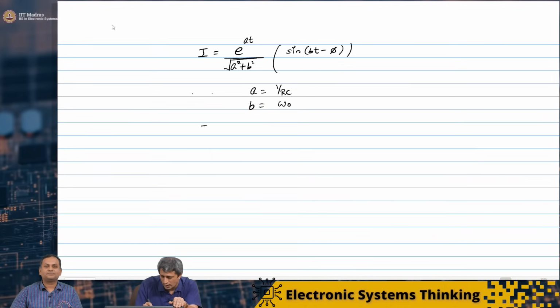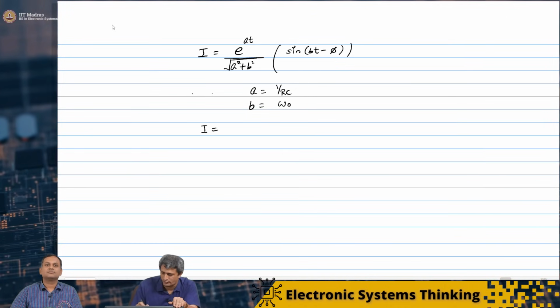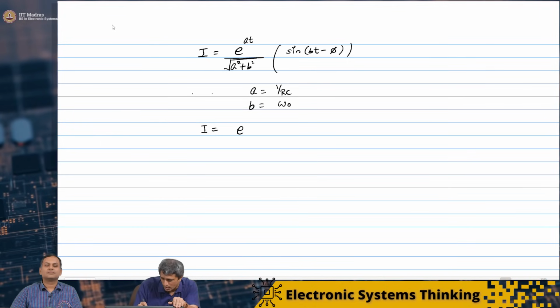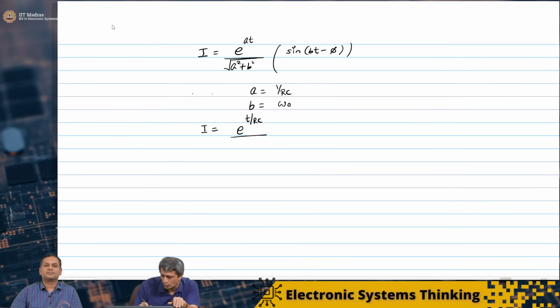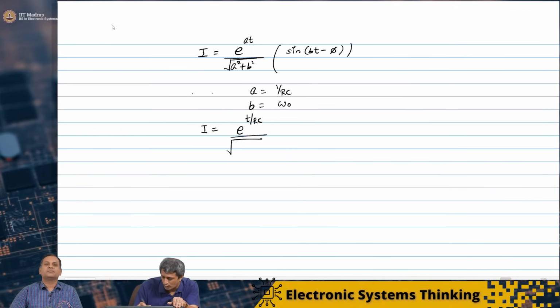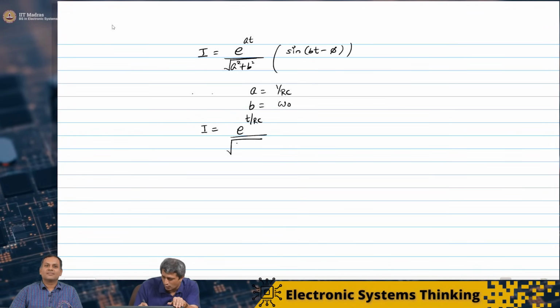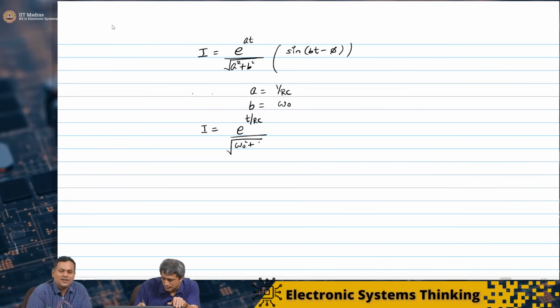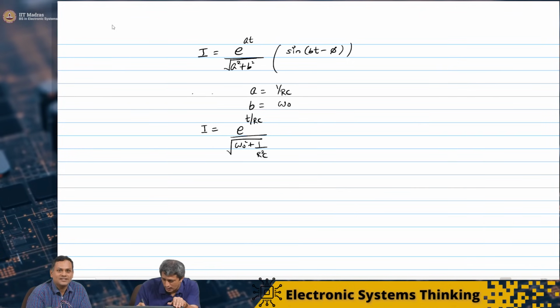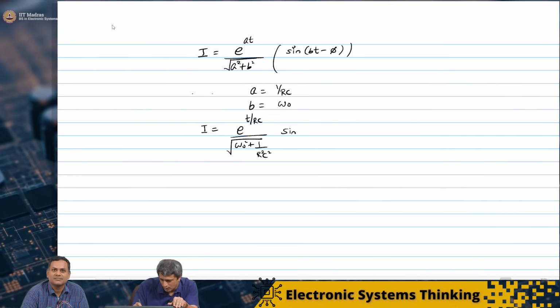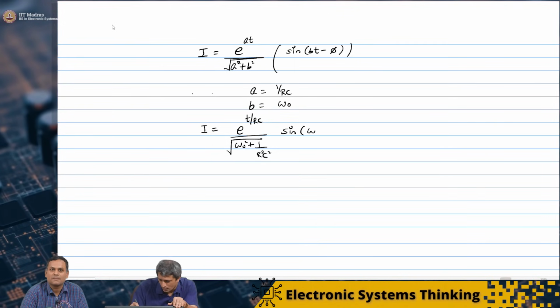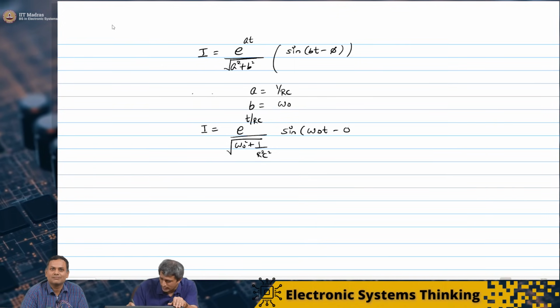So effectively, our integral was e power t by RC by root of omega naught squared plus 1 by r squared c squared, into sine of omega naught t minus phi.